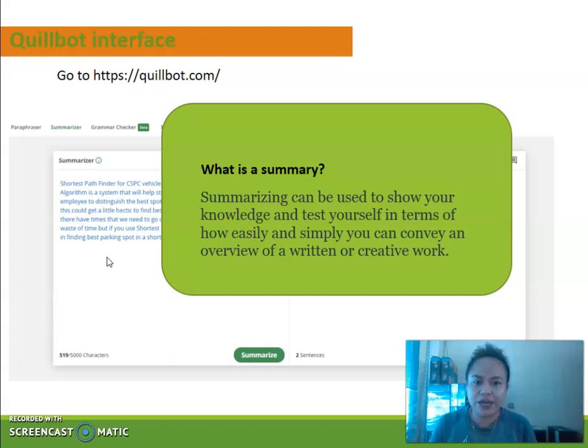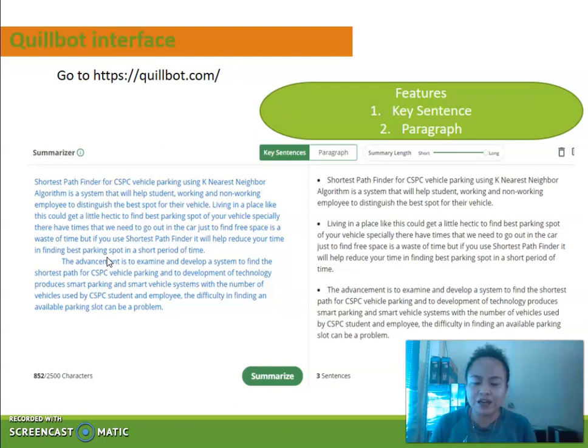In summary, we have two features: the key sentences and the paragraph. Given these two paragraphs, by using the key sentences feature, Quillbot will give us the following sentences, wherein each sentence possibly conveys the same thoughts.